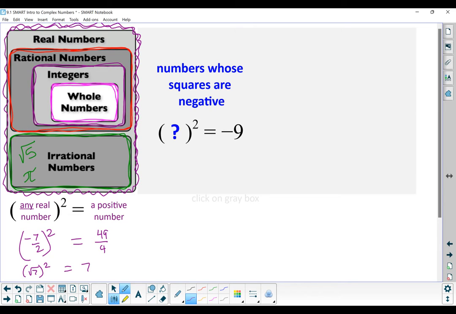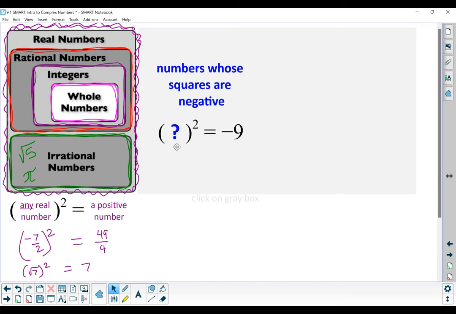But no matter what number we choose to square in this real number system, the answer that we'll always get is positive. So if we're trying to think about what number squared gives me -9, or what number squared gives me any negative number, it's not going to be a number in the real number system because all of the real numbers square to give us a positive number.